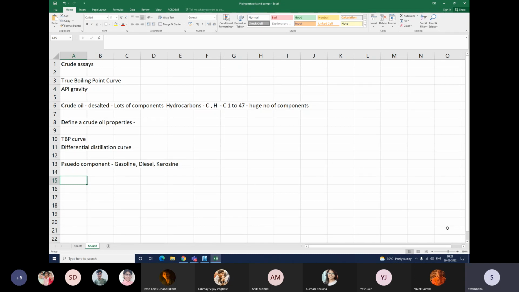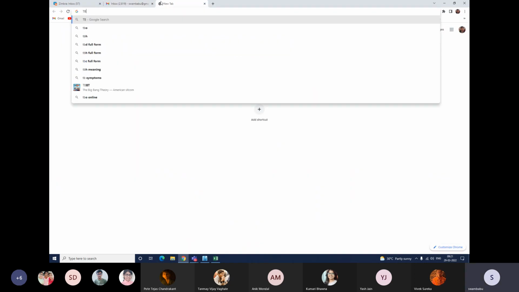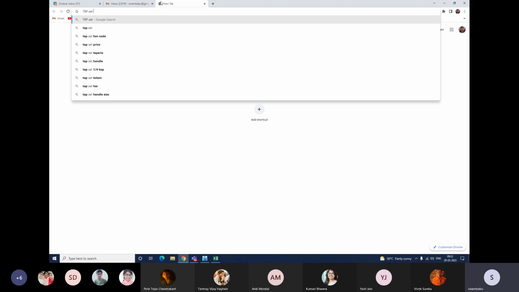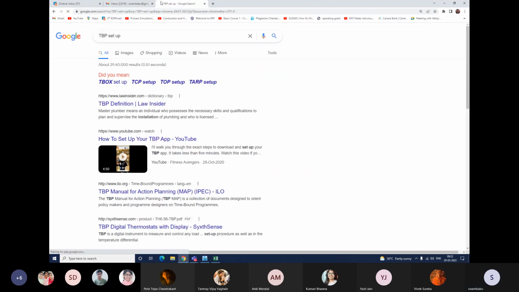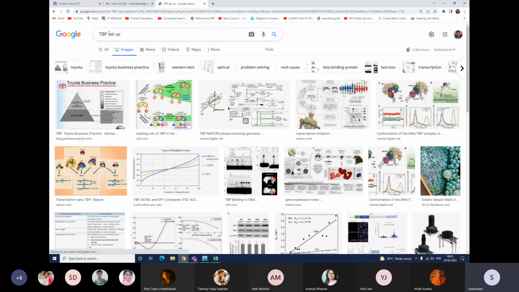So in the true boiling point curves, what they do, probably you know this experimental procedure, the TBP setup. True boiling point curve.